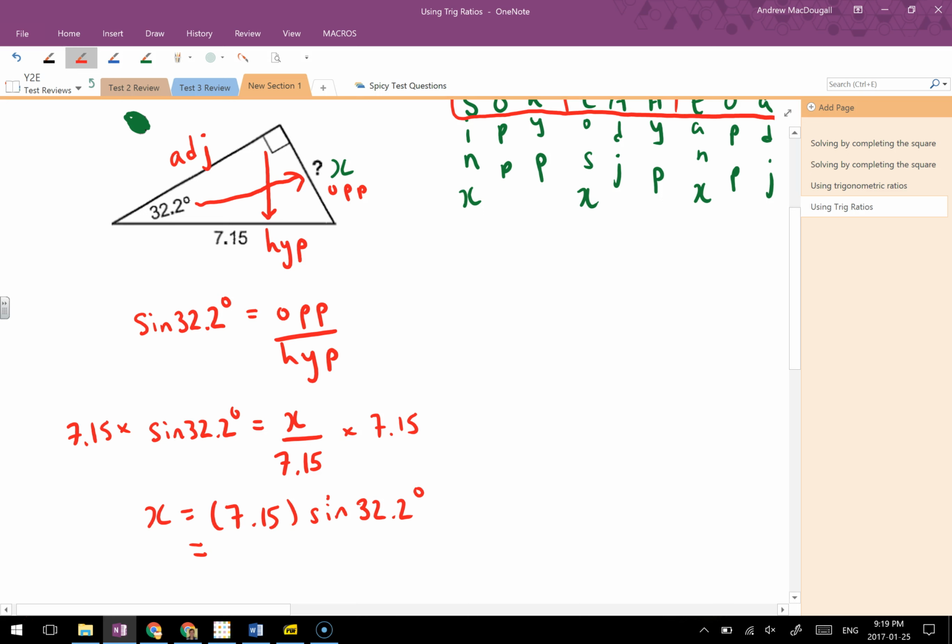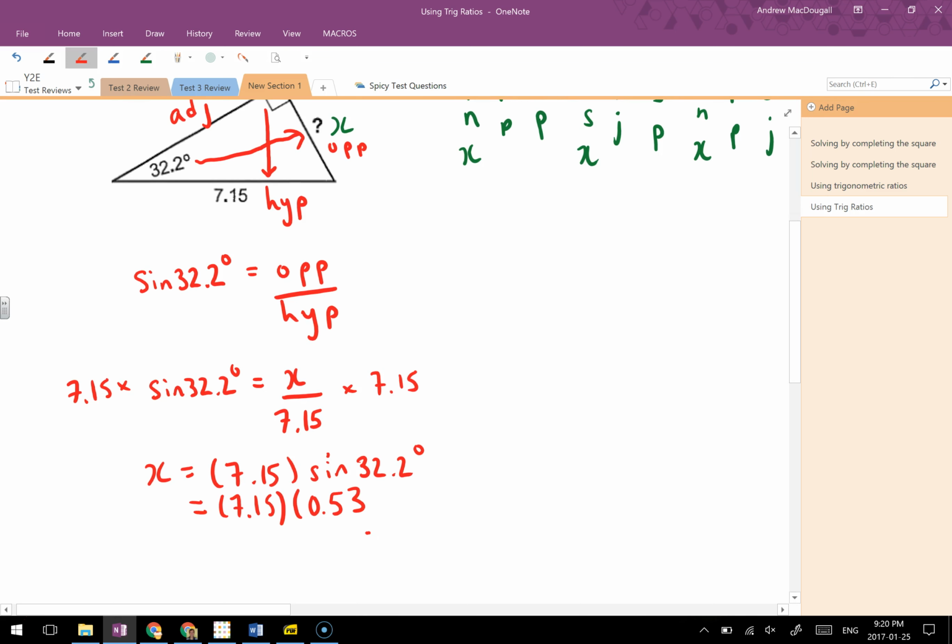And now our calculator knows what sine of 32.2 is. It has stored all the ratios for every angle. So it's just a matter now of plugging it into our calculator. If you plug in sine of 32.2, making sure your calculator is in degree mode, we can see it is, to 3 decimal places, 0.533. You should probably keep more decimal places on your calculator to get a more accurate answer. But for the sake of displaying my work, I'm going to round it.